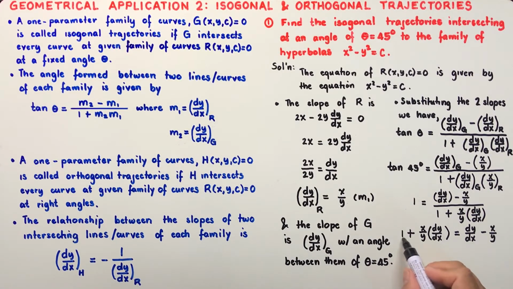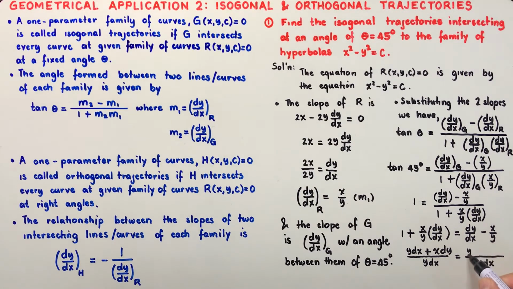And if we look for the LCD between the two, we have y dx, and the numerator is y dx plus x dy. And also, if we find the LCD between these two terms here, we have also y dx. So the numerator is y dy, and this one becomes x dx.